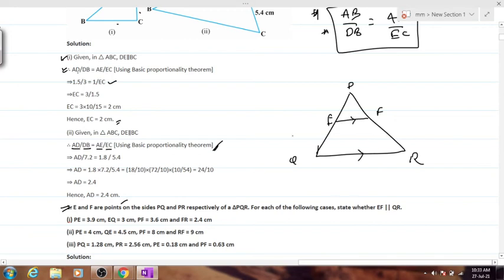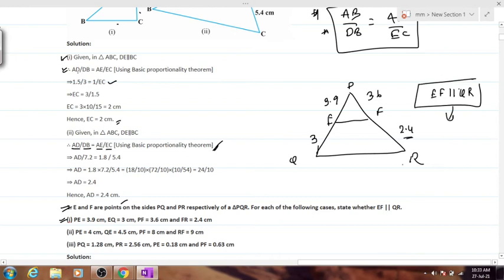First part, it says that PE is 3.9, EQ is 3, PF is 3.6, and FR is 2.4. You have to prove whether EF is parallel to QR.